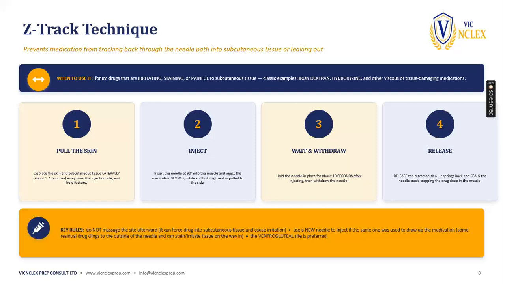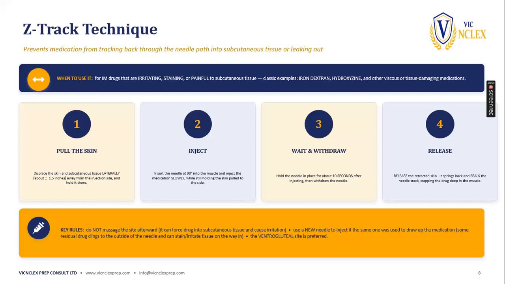Now, the Z-track method helps to prevent that from occurring, because there are some medications that will seep out. When they're in the muscle, they will not be seeping out, they will not come into the subcutaneous area. It will not damage the subcutaneous tissue. There are some medications that are very toxic to the subcutaneous area. Examples of medications that are very harmful or painful to the subcutaneous tissue, those that we use the Z-track method to give, are such as your what?